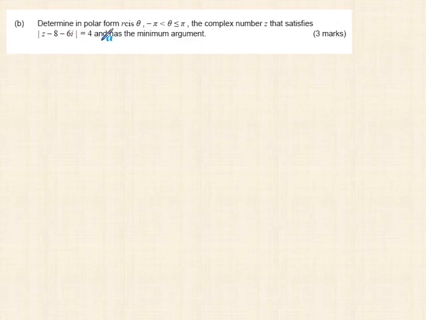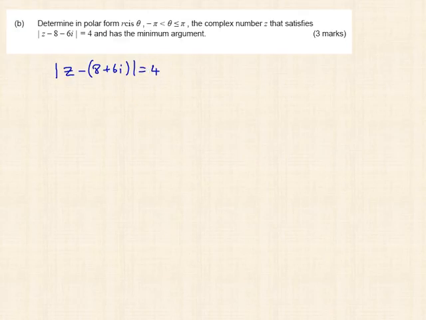Determine in polar form r cis theta the complex number that satisfies this and has the minimum argument. So once again it's |z − (8 + 6i)| equals 4.